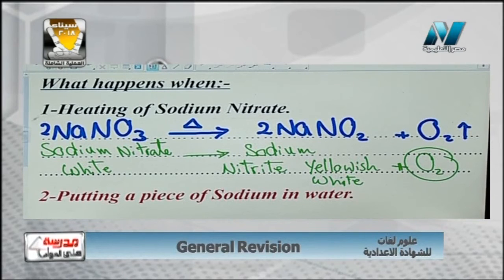So we remember the answer by using the chemical equation, as we have sodium nitrate and its color is white. It changed by heating into sodium nitrite and its color is yellowish white. طبعا plus oxygen gas evolves.